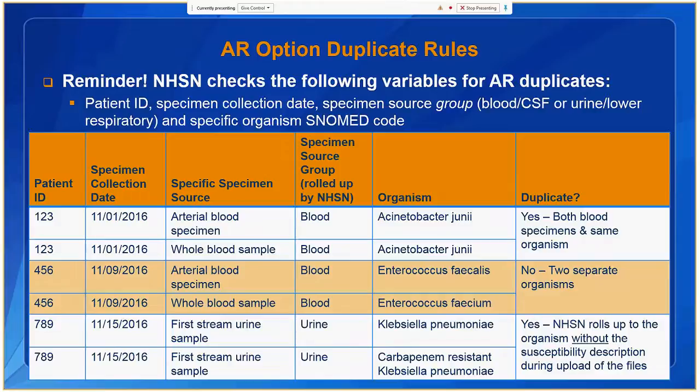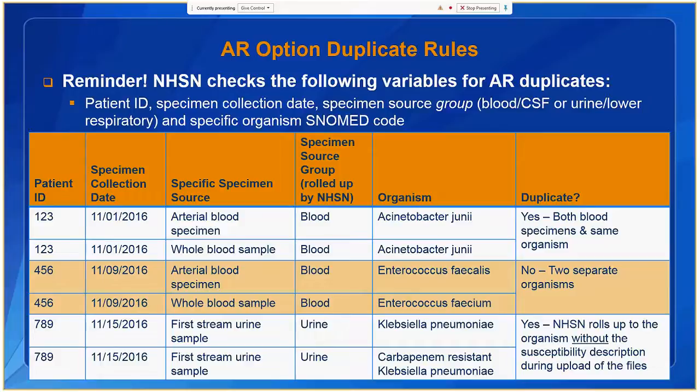And then lastly, patient ID 789, the bottom 2 rows on the table. Again, the patient had 2 specimens collected on the same day. Both were urine specimens and used the same specimen source code. There were technically 2 different organism SNOMED codes identified in the individual specimens. The first was just Klebsiella pneumoniae, and the second, the lab categorized using the SNOMED code specific for carbapenem-resistant Klebsiella pneumoniae.